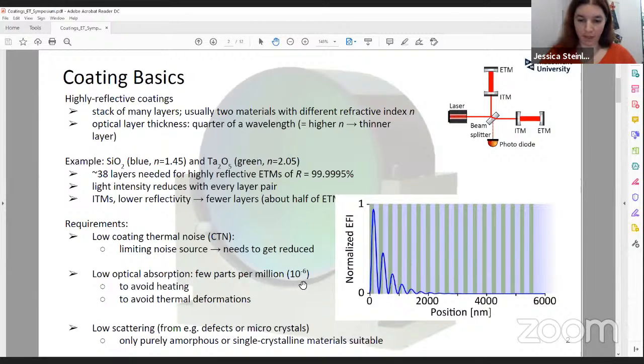And we need low optical scattering, and that means we need very defect-free coatings, and we don't want any microcrystals, so we need purely amorphous or purely single crystalline coatings, because microcrystals, which can be caused by heat treatment or by using non-ideal deposition procedures, can cause such scattering.